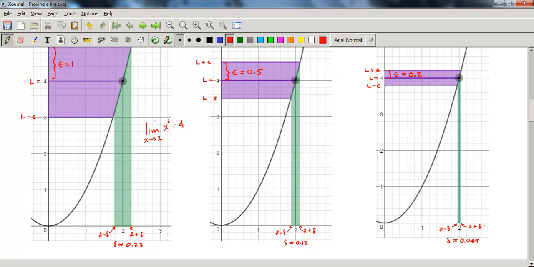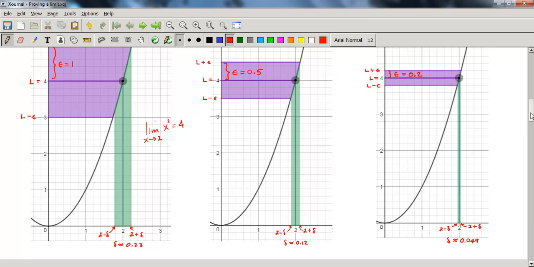And lastly, if I shrink epsilon even further, make it 0.2, then I have to shrink delta, which turns out to be approximately 0.049. All x's within 0.049 units away from 2 will map into the epsilon interval surrounding 4. All the f of x's will be within 0.2 units away from 4.